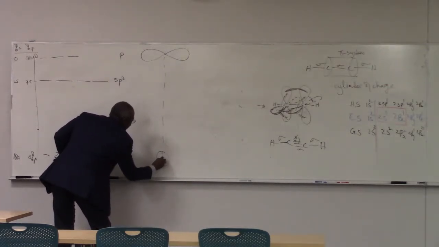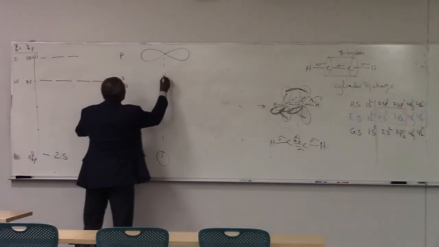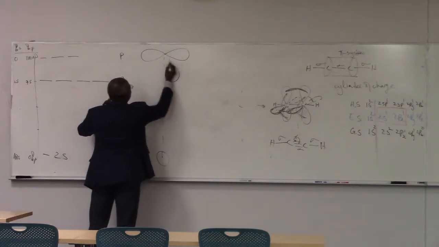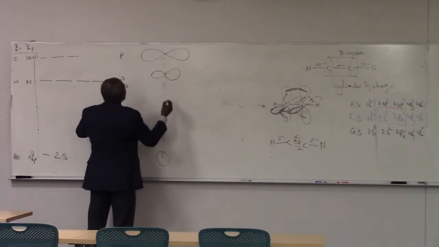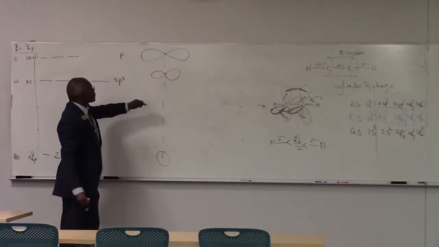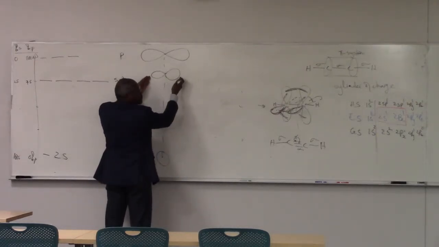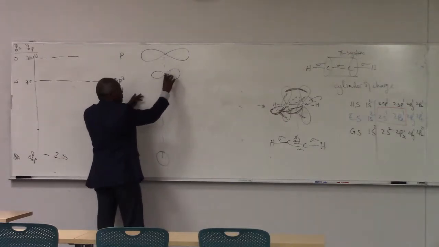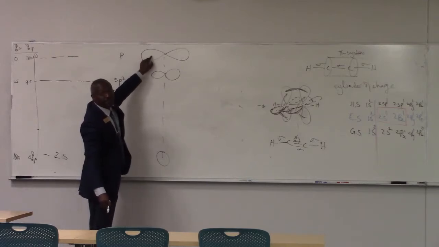This is S. The sp3 will look rounder and smaller than the P orbital. It's not quite as long, not quite as dumbbell shaped, it's a bit more round than this one. And it's starting to lose this tail.